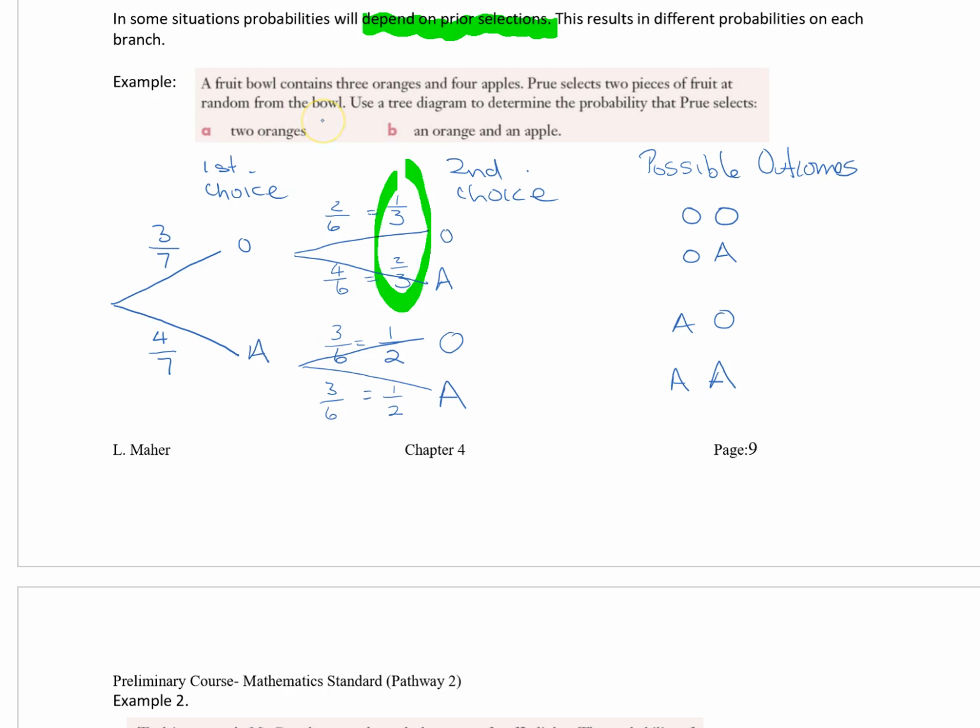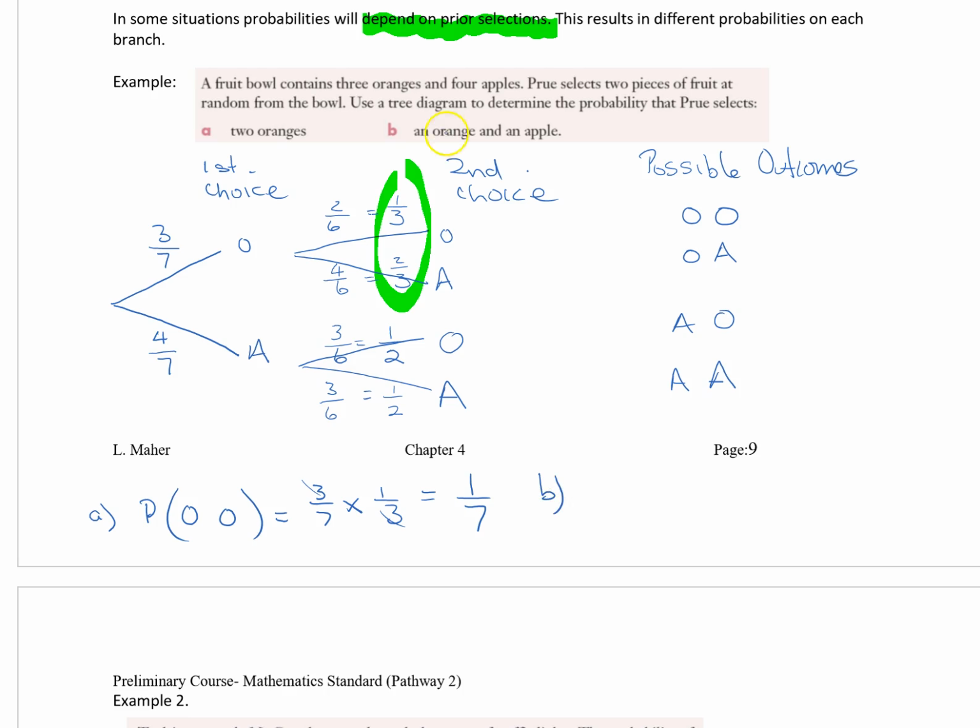So A is asking for the probability of 2 oranges. So we're going to follow along this branch, orange, multiplying the probabilities that we have. So 3 on 7 times 1 on 3, which gives us 1 in 7.